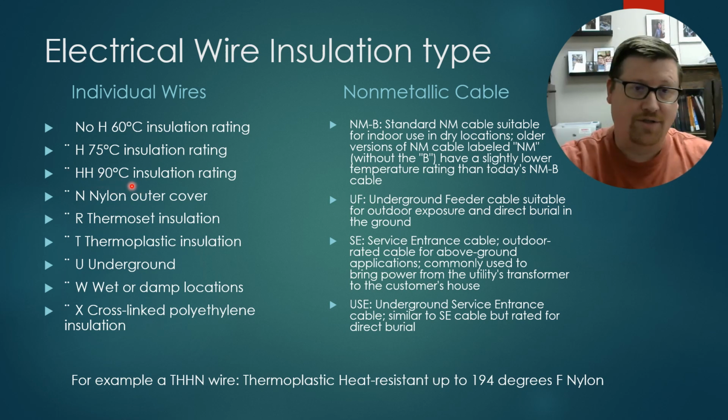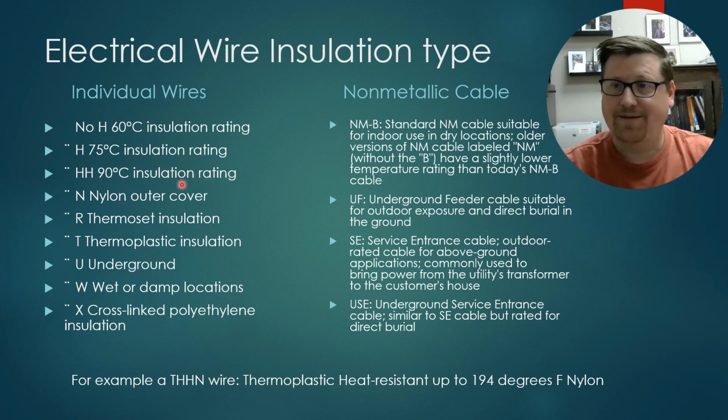That insulation is a little bit better than the other 2, right? You might have something like THHN. The T stands for something, and the HH tells you that it is a 90 degree Celsius rating. The N in THHN is a nylon outer covering on top of the regular insulation layer. It has a smooth coat of nylon, a slick, abrasion resistant layer that helps it be pulled through conduit.